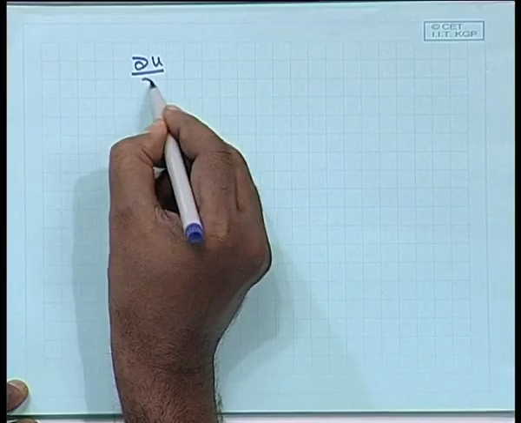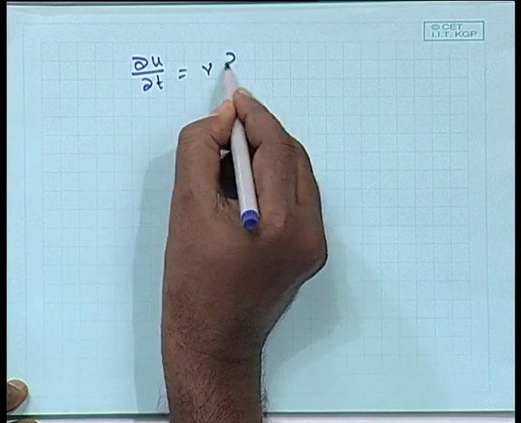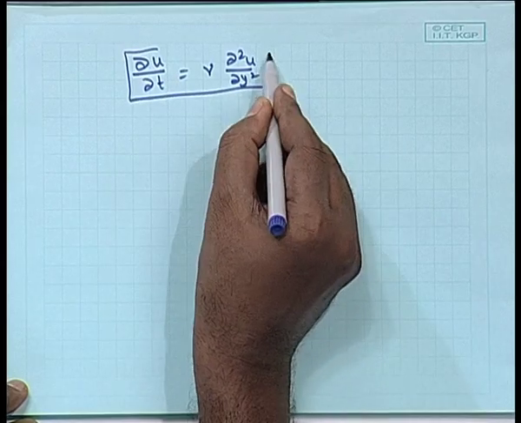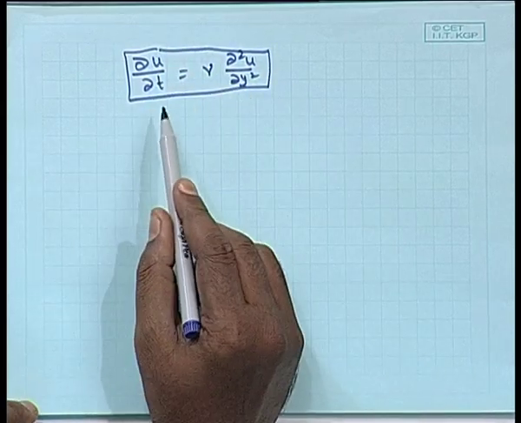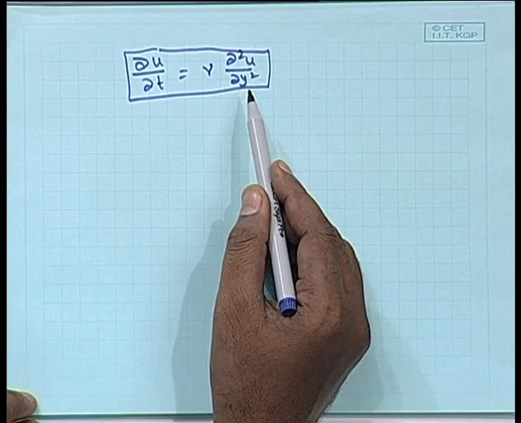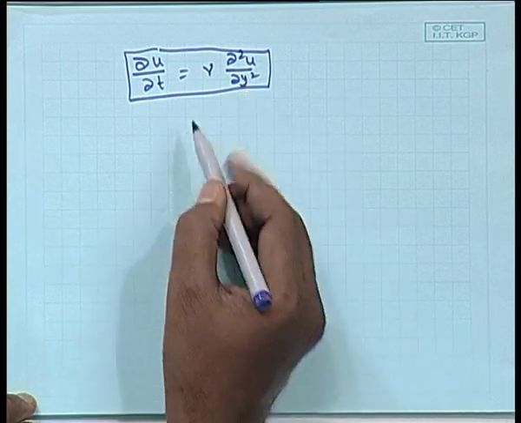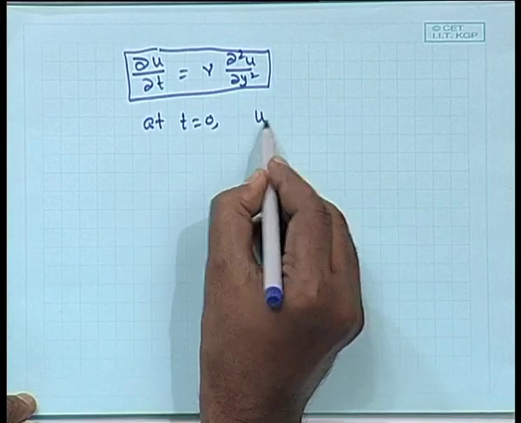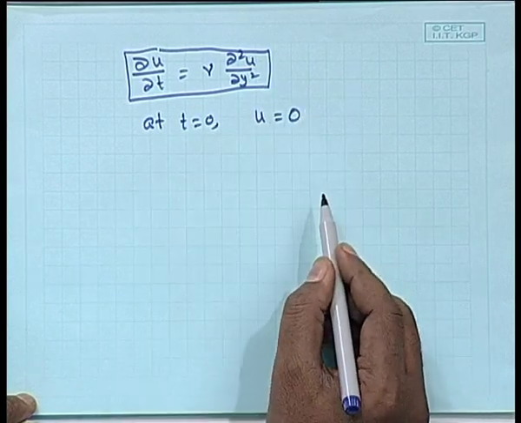So that is why our governing equation for u will be del u del t equal to nu del square u del y square. Now, you require one condition on time and two conditions on y to solve this problem completely. At time t equal to 0, the velocity was equal to 0.